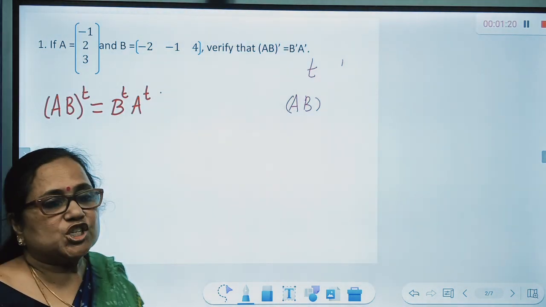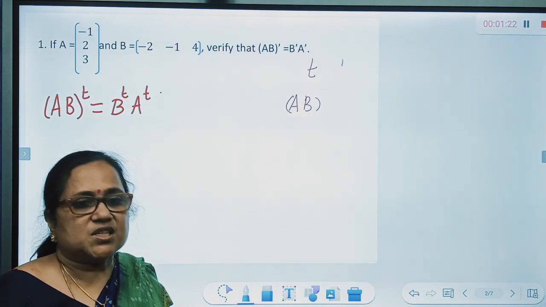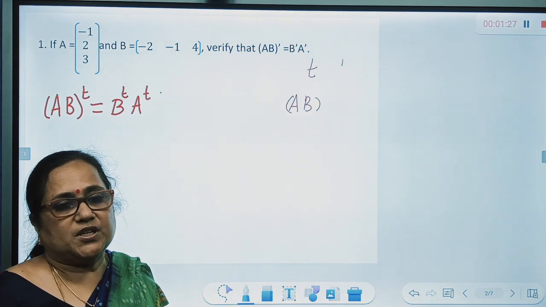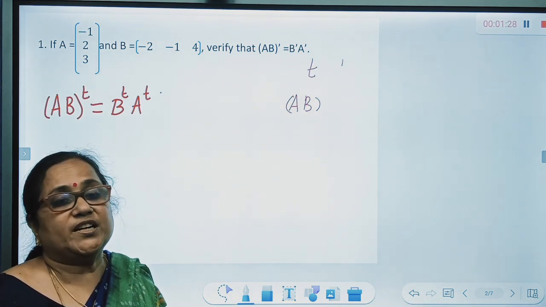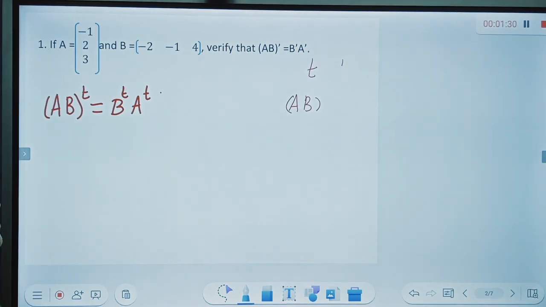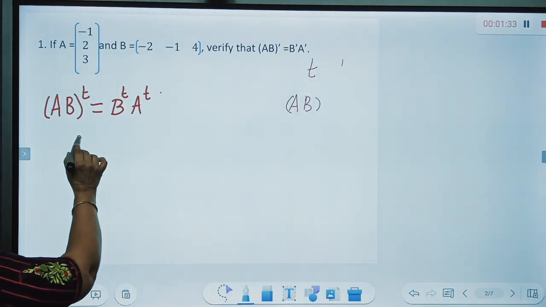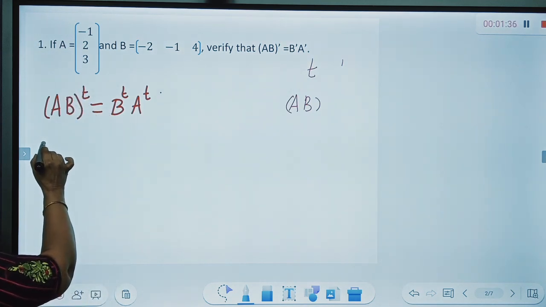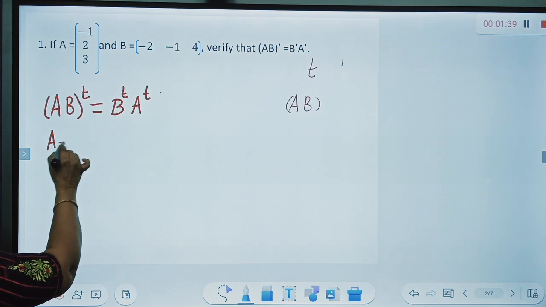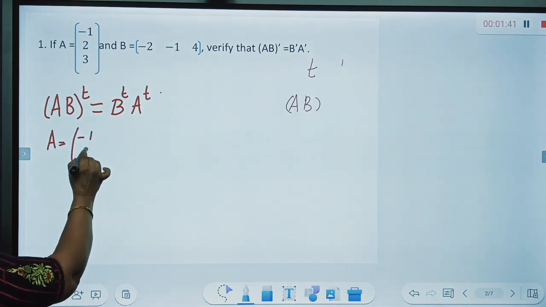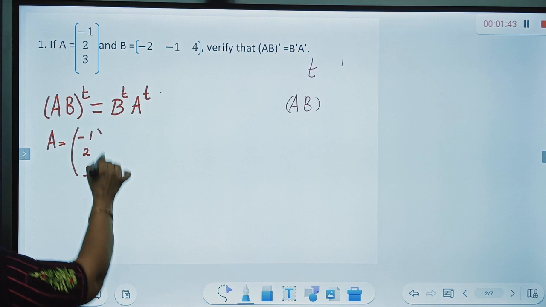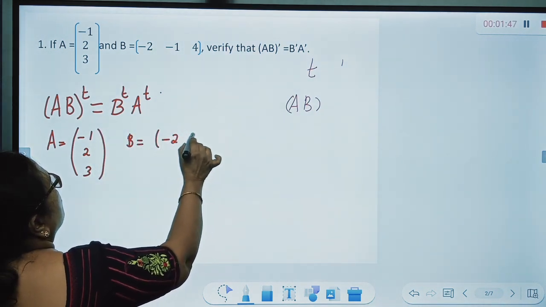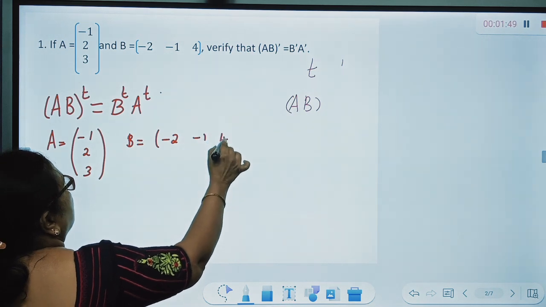So by verification and by restating, we will take certain properties as facts and proceed with the problem solving. Now look at this: (AB) transpose equal to B transpose A transpose. We are going to verify for A equal to [-1, 2, 3] and B equal to [-2, -1, 4].